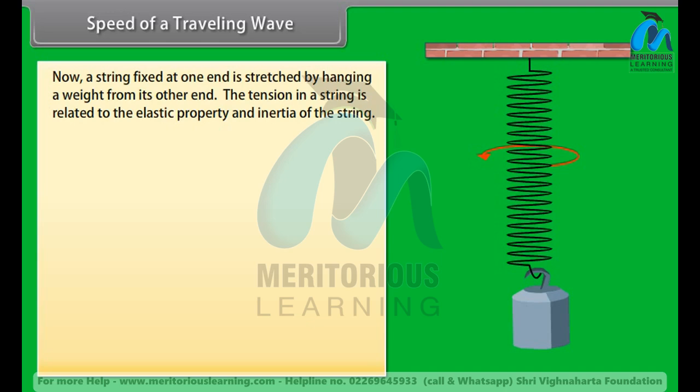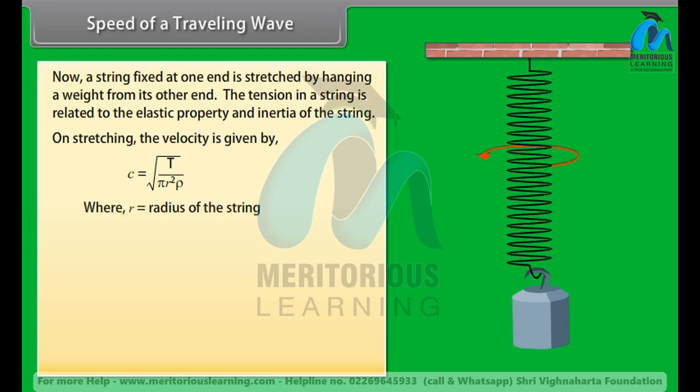The tension in a string is related to the elastic property and inertia of the string. On stretching, the velocity is given by C equals square root of T upon pi r squared rho. Here, r is the radius of the string and rho is the density of the material.